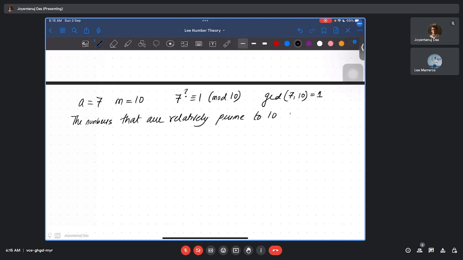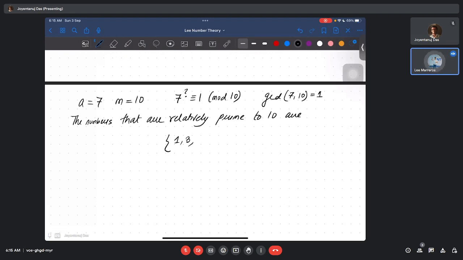What is the set? The numbers relatively prime to 10 would be 1, 3, 7, 9.